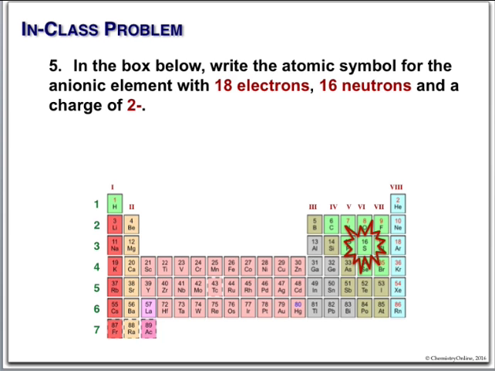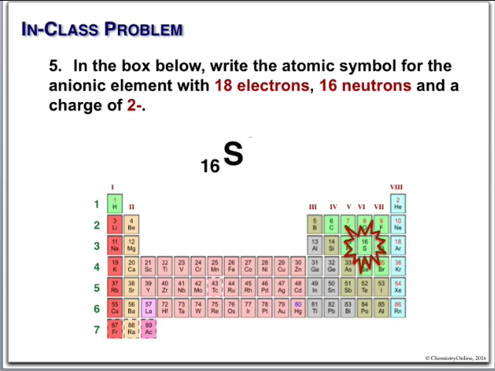All right, so to write the atomic symbol, we start off just with the S. Remember, in an atomic symbol, the atomic number, that's the number of protons, goes down here. The mass number goes up here. Now, mass number is protons plus neutrons, right?